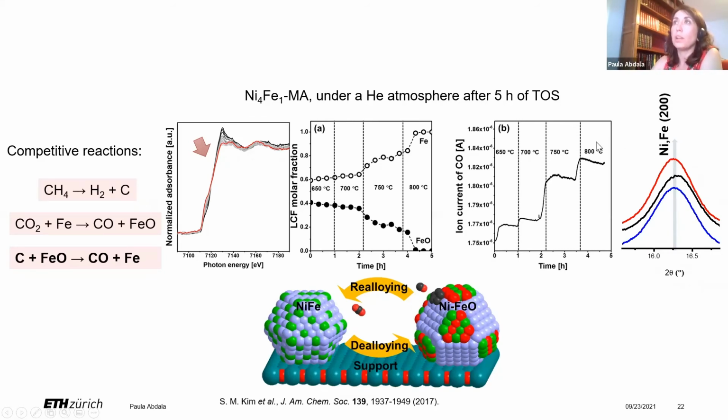So after cooling down from 800, we form back the alloy. Under these conditions, it seems that indeed iron migrates back into the alloy, which led us to propose that under reaction conditions, there is likely a dynamic alloying and de-alloying that helps remove the carbon that eventually forms at the nickel-rich sites.